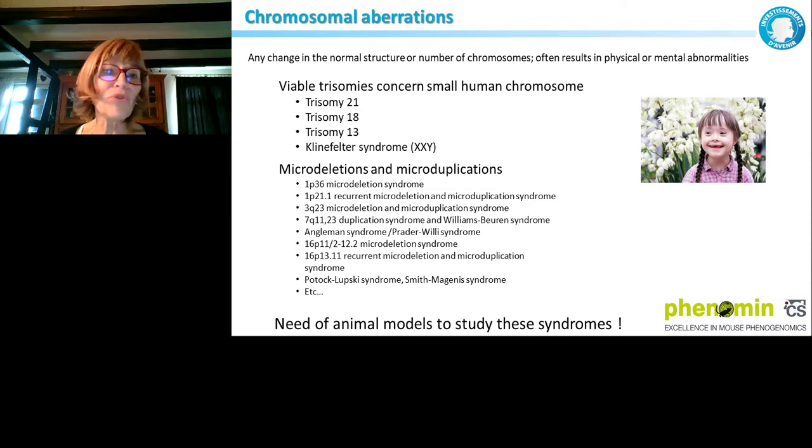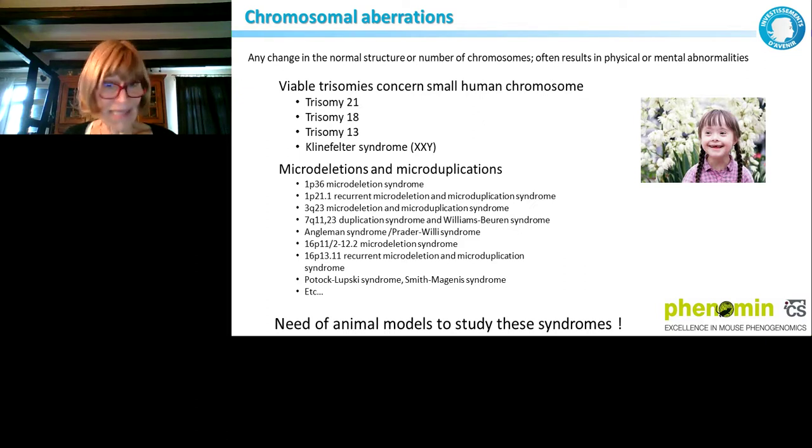But there are also some babies that are born with trisomy of chromosome 18 or 13. That happens. And of course, there are also many human diseases that are due to microdeletions or microduplications. And I cite them all here. I won't spend the time to describe them all, but anyway, they exist and they are there.